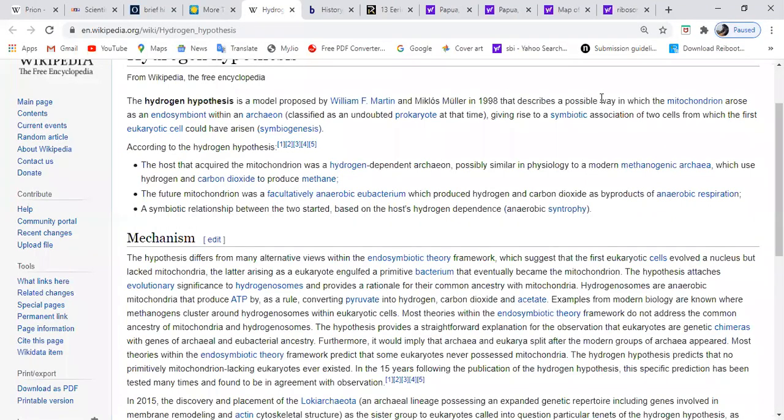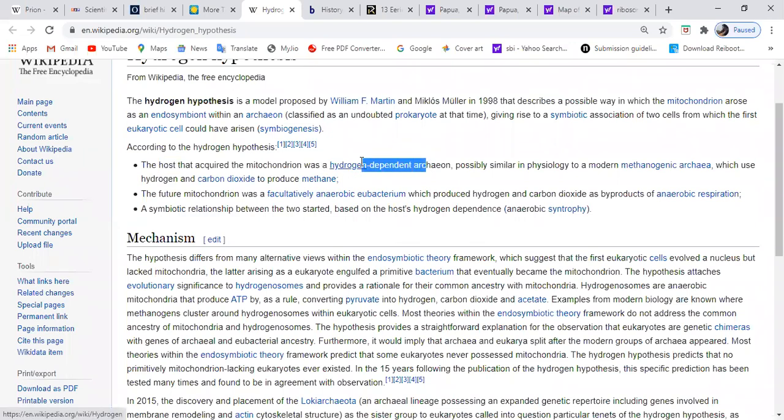It describes a possible way in which the mitochondria arose as an endosymbiont. So what are the possible ways? In the hydrogen hypothesis, the host which acquired the mitochondria was a hydrogen-dependent archaea.